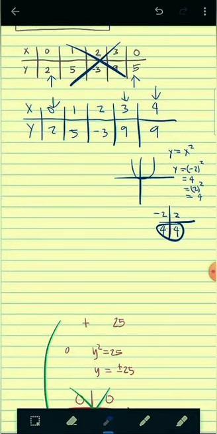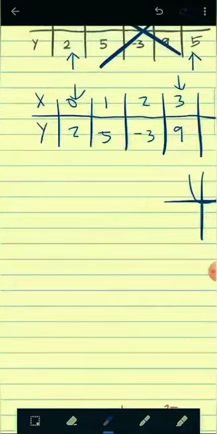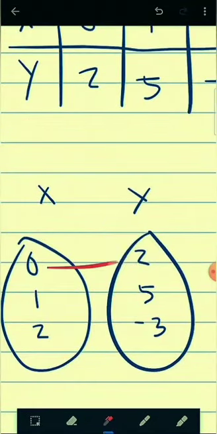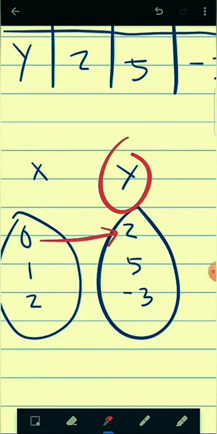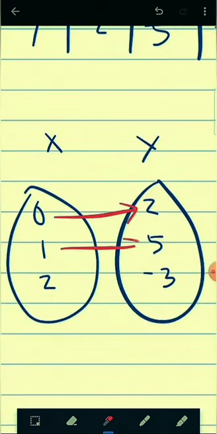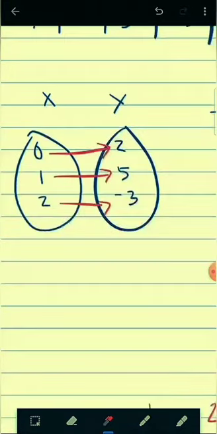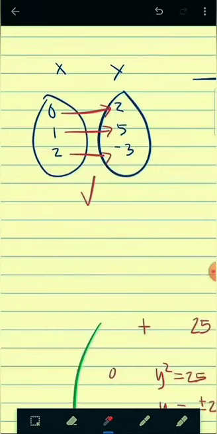In high school, they actually draw a map. If I have 0 and it has an output y which is 2, then 1 to 5, 2 to negative 3, that is a function.